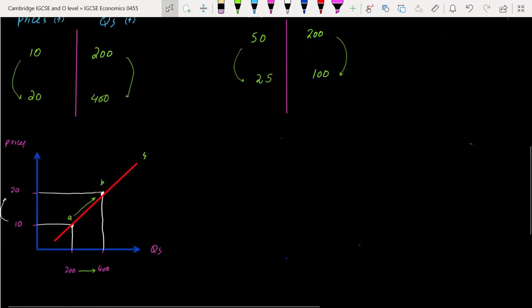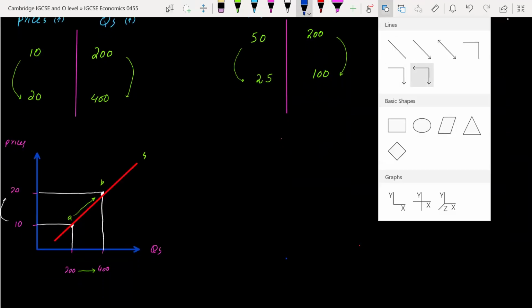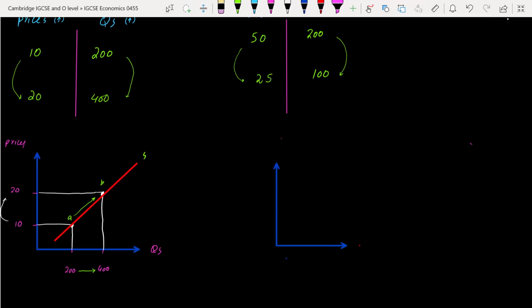So same like this, we will keep our prices on the y-axis and quantity supply will be on the x-axis. 25, 50, 100, 200.